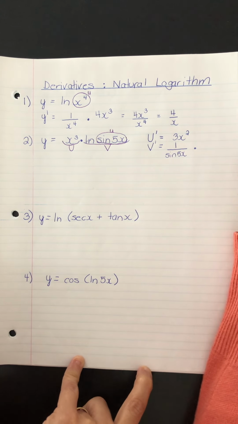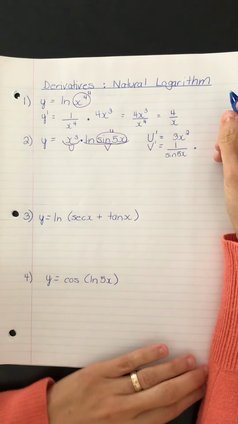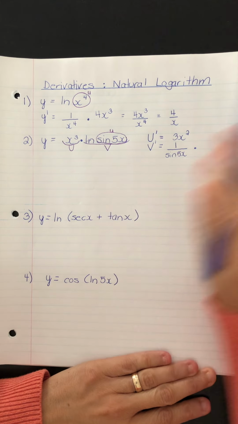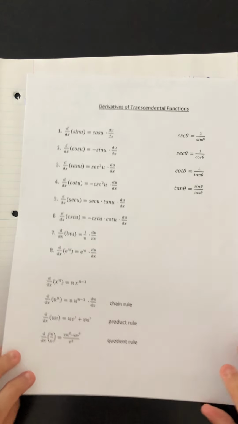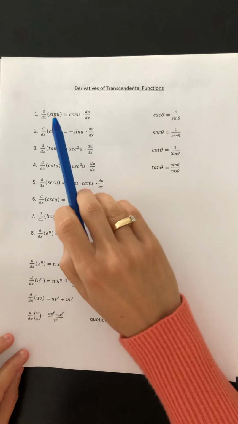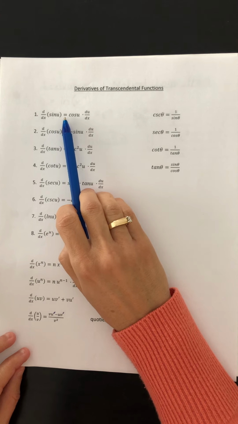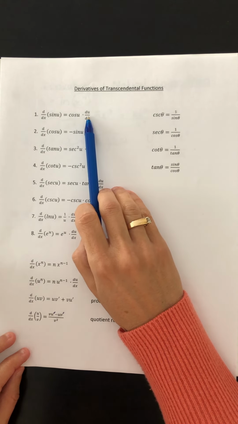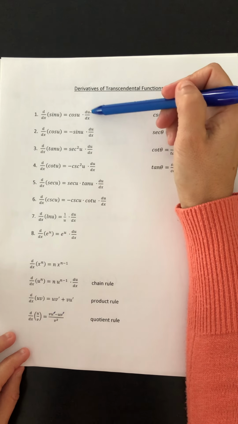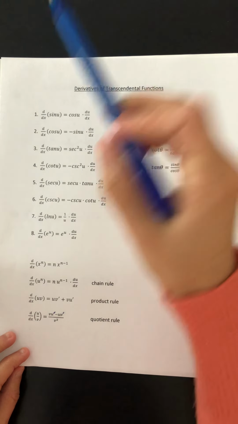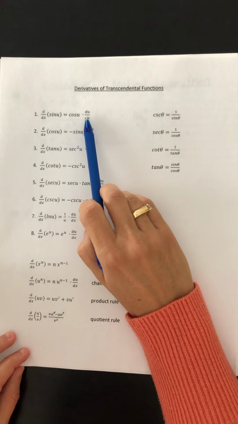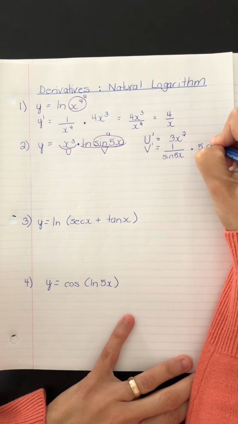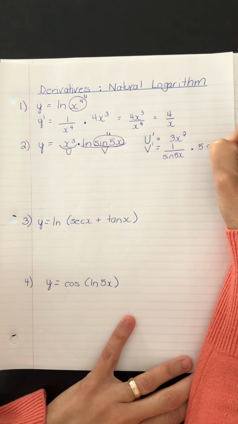And then multiplication by the derivative of little u. So now we need to know what is the derivative of sine 5x. So you can look at your sheet. The derivative of sine 5x is cos 5x times 5, because 5 is the derivative of 5x. So again, cos 5x times 5, or 5 cos 5x.